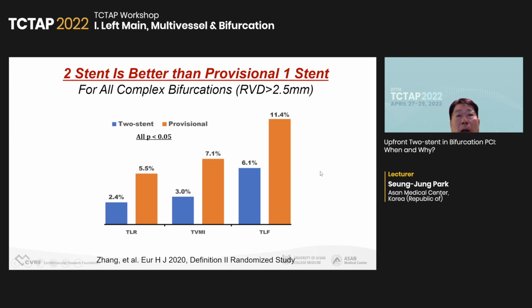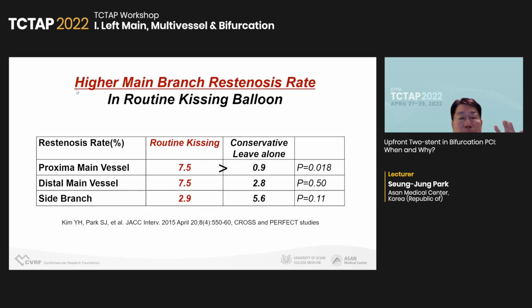In the DK crush, the top effort is to expand the stent with optimization to get a big stent area. That is the reason it had good clinical outcomes. There is a higher main branch lesion rate in routine kissing balloon inflation compared to the conservative approach alone: proximal main lesion rate is high, distal main lesion is high, side branch is relatively low.